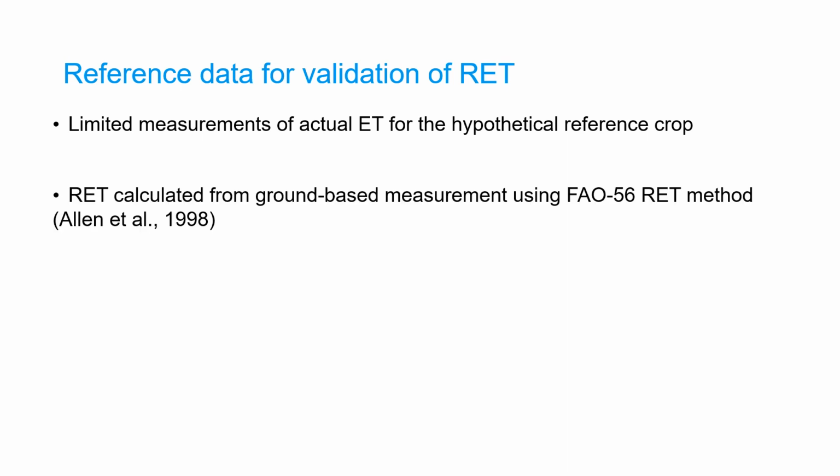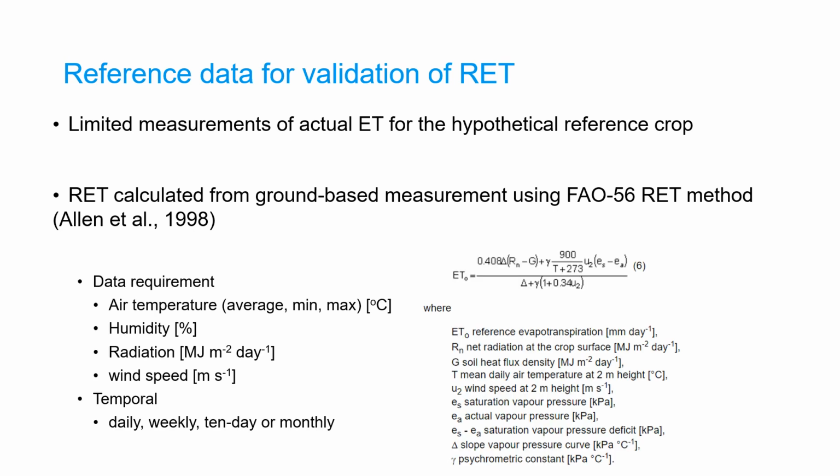Alternatively, we can calculate RET from ground-based measurements using the same method, the FAO56 method, then compare ground-based RET with the WaPOR RET layers. The data requirements for the FAO56 method are often fulfilled by standard weather stations, including air temperature, humidity, radiation, and wind speed.